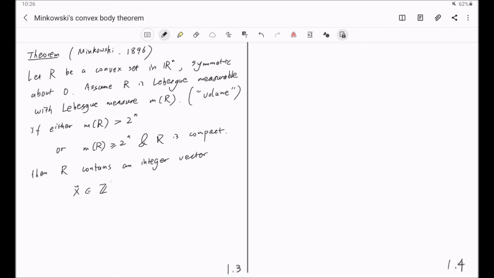Formally this is in Z^n with the origin removed. So this is a statement of Minkowski's convex body theorem.